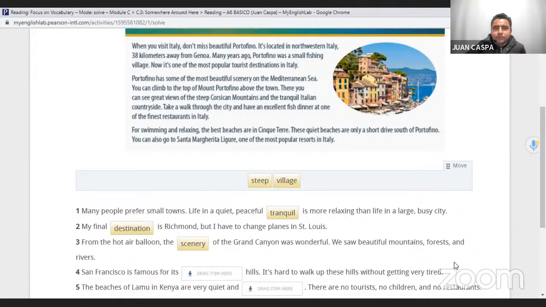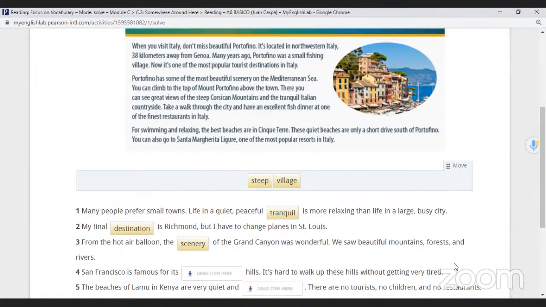Okay. San Francisco is famous for its steep hills. The beaches of Mount Kenya. No.